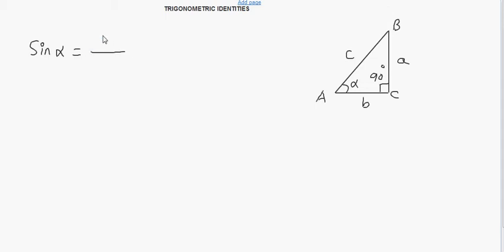In this case, sine alpha is the opposite side of angle alpha, which is a, divided by the hypotenuse c. And cos alpha is the adjacent side of alpha, which is b, divided by the hypotenuse c.